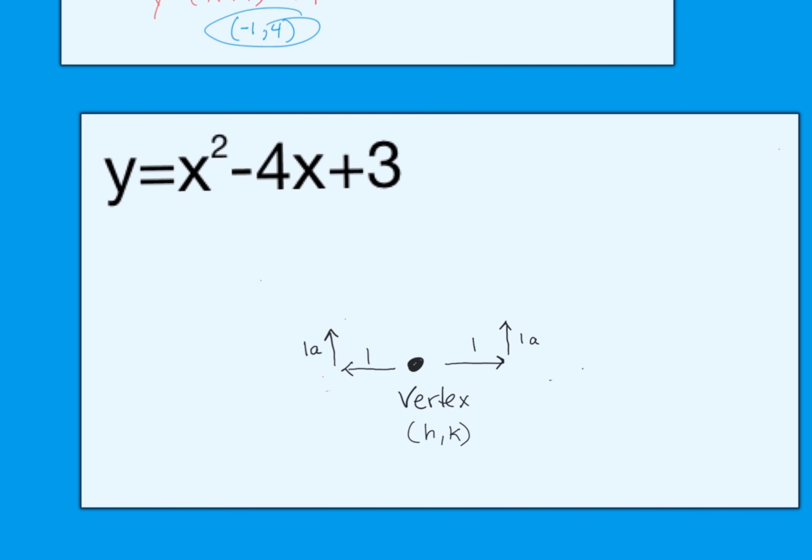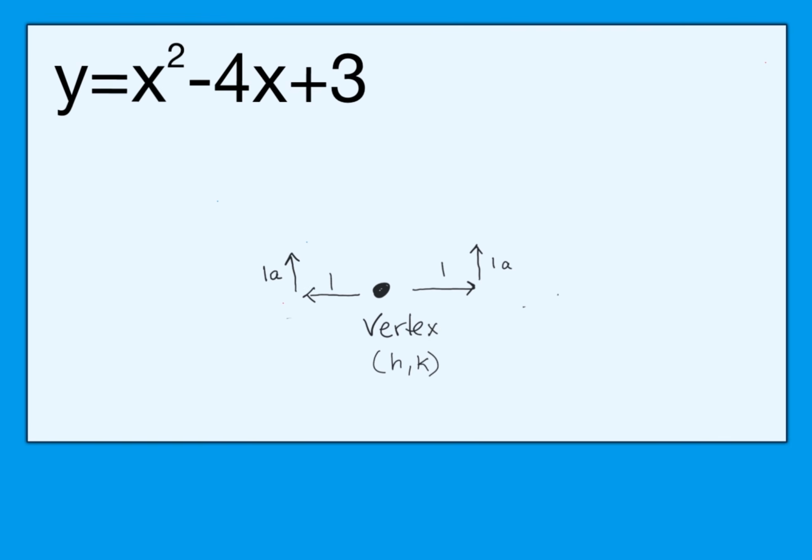the vertex for this was (2, negative 1). Now start at that point and you would go over 1, up 1a. Well, a is 1, so you go over 1, up 1 to get to the next point.